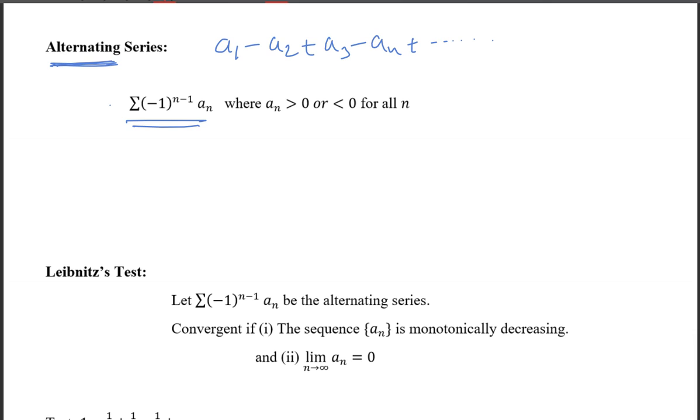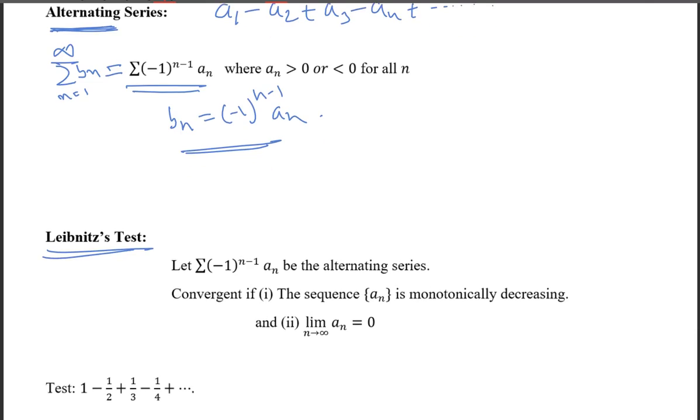So the general term, if I write it as the sum of bn, n equal to 1 to infinity, your bn will be equal to minus 1 to the power n minus 1 times an. This is the general term. For this alternating series we have only one test, that is the Leibniz test.